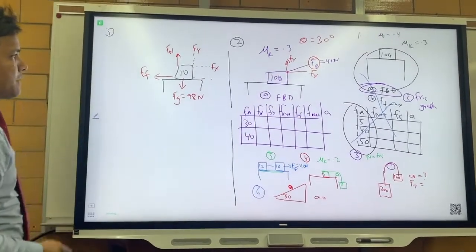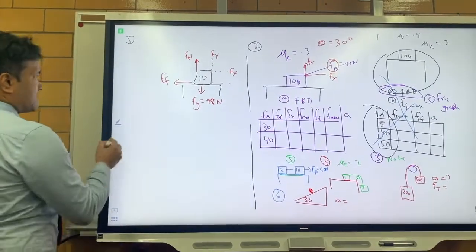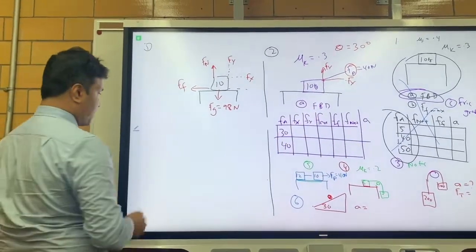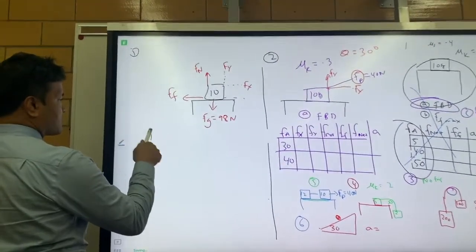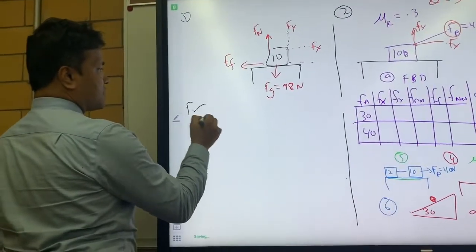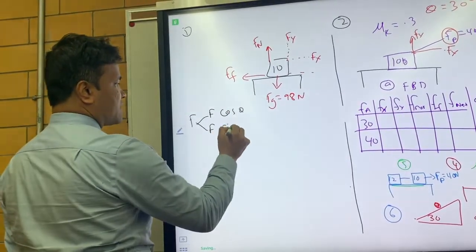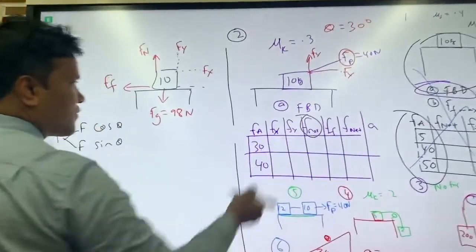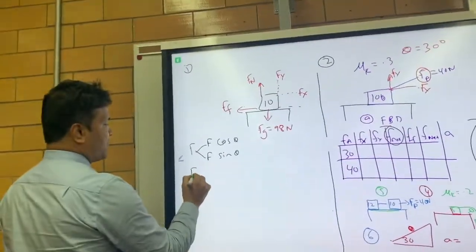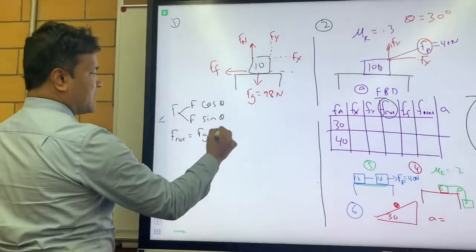Okay, so now let's first write all the equations. I'm going to first write the template. First I'm going to write F cosine theta, F sine theta. This is equation number 1. And then I'm going to write the equation for normal force: F normal is equal to Fg minus Fy.